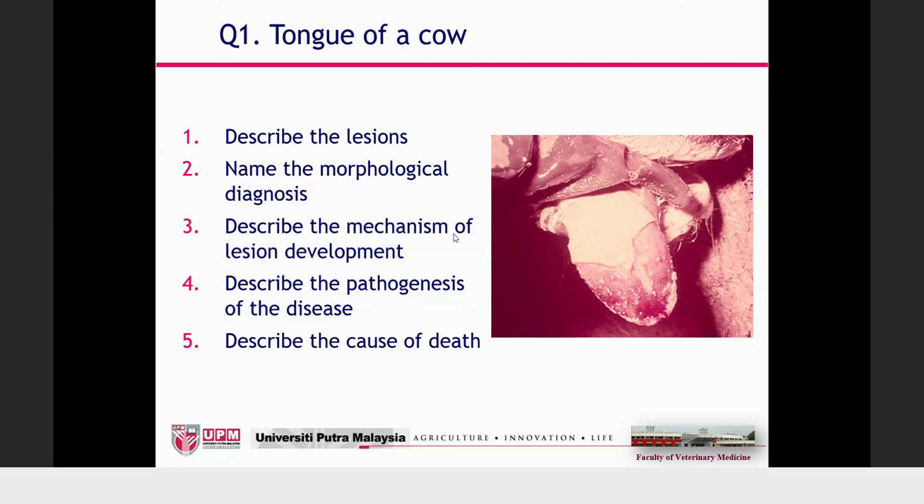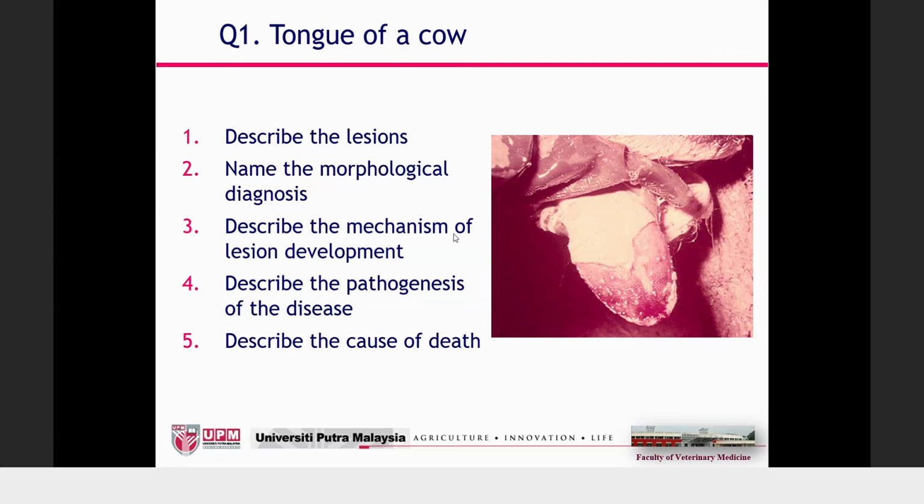Describe the mechanism of lesion development. I think I repeated this many times also. For example, when you have foot and mouth disease, the virus enters, goes to gut lymphoid tissue, primary viremia, goes to stratified squamous epithelium, formation of vesicle, hydropic degeneration, then erosion and ulceration. That is lesion development.